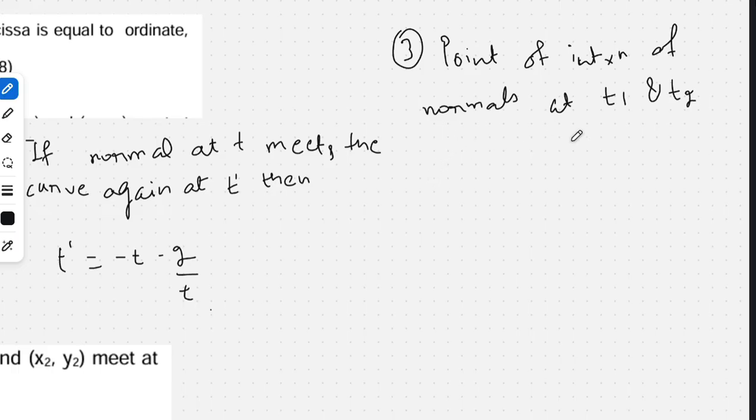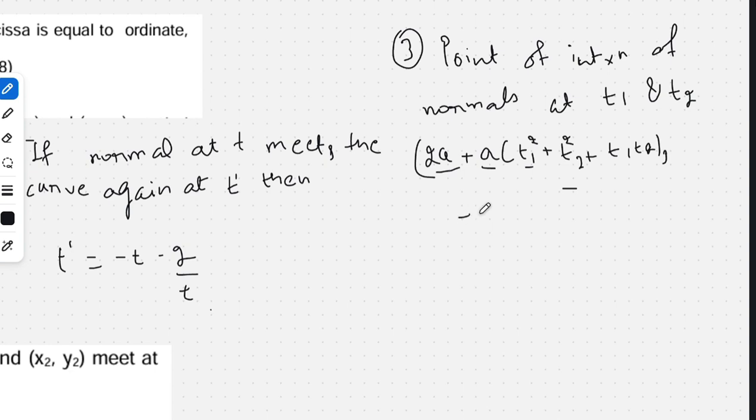So the point of intersection of normals at t1 and t2 is 2a plus a into t1 square plus t2 square plus t1 t2. Please remember, this is just the x coordinate.